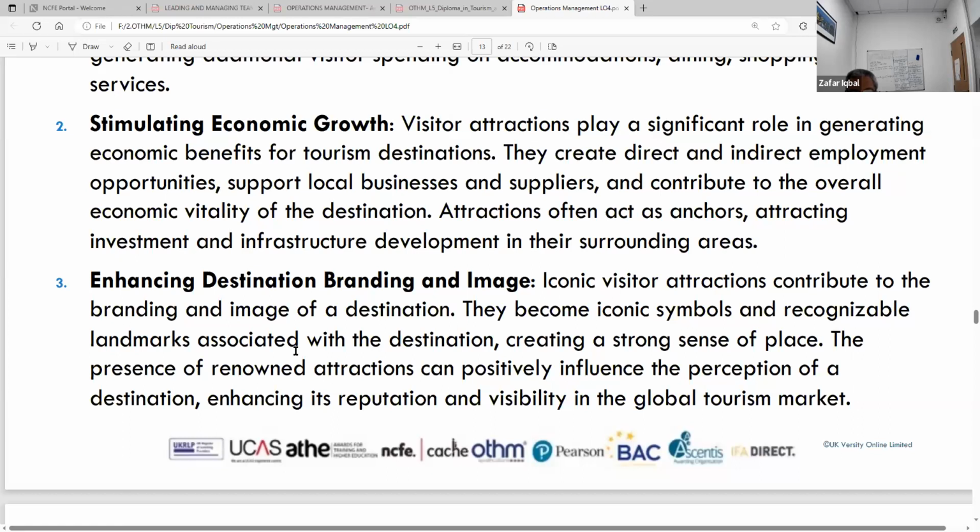What type of symbols or recognizable landmarks are associated with the destination? So you need to develop some kind of branding image. What we mean by branding image is a kind of sign or insignia, a kind of picture, or a kind of reputation, a visible or global image.